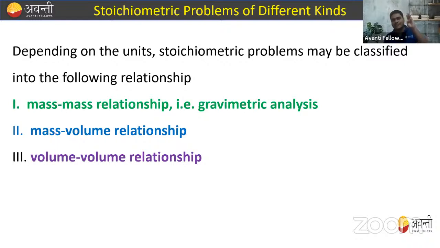So we have three different relationships, that is mass relationship, mass-volume relationship, and volume relationship, right? So in stoichiometric problems, we classify this into three things: the mass relationship, mass-volume relationship, and the volume relationship. Fine. So this is how we are going to solve stoichiometric problems of different kinds. So I'll explain you one each.